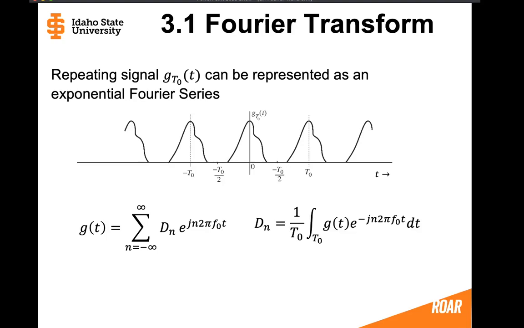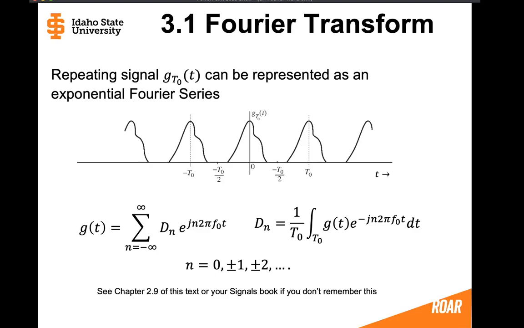Each coefficient D sub n would be found by taking this integral over a period of the signal, and each different D sub n would be based on different numbers, where n could be 0, plus or minus 1, plus or minus 2, etc. There's another review of this in chapter 2.9 of this textbook, or you can look this up in your signals textbook.